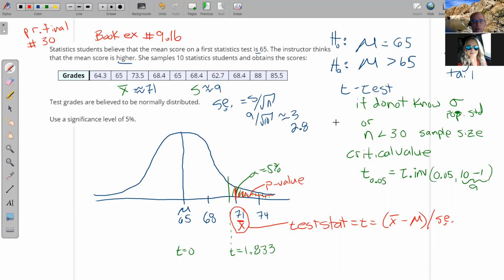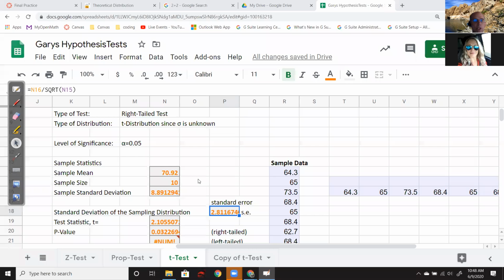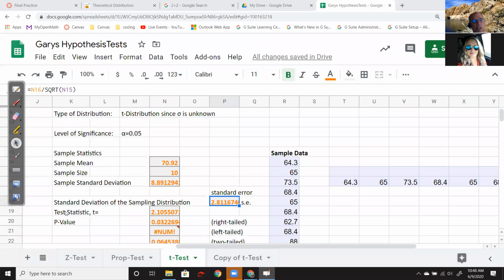I think the first version I published didn't have the t-score calculated for you. So could you check right now on each of your spreadsheets, do you have a row 19 that says test statistic? All right, good. Eileen, you okay over there? Holler if you have a question.